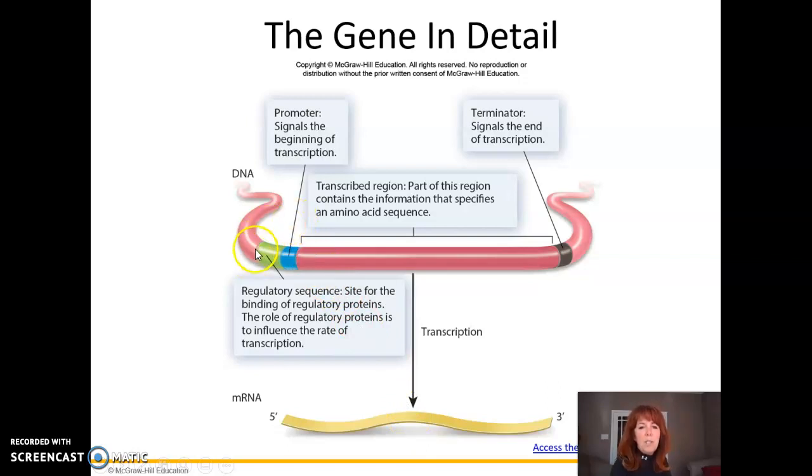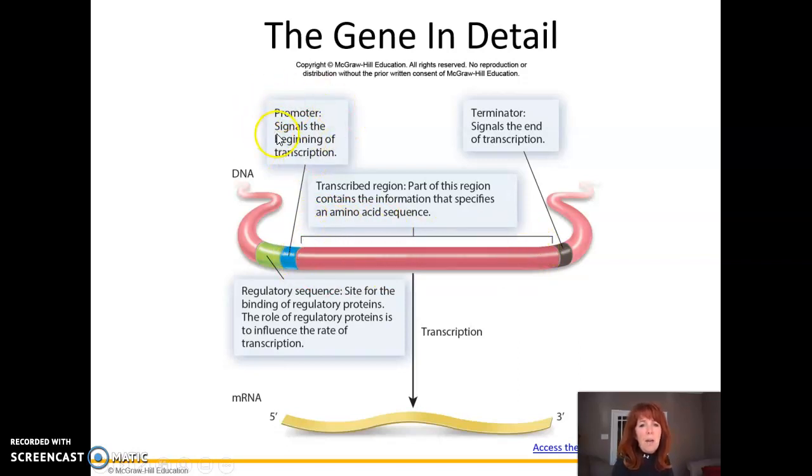So this region right here is what we call a regulatory sequence. It might be later referred to as a switch, where transcription factors sit. And then we have something called a promoter. The promoter is this flag, the red flag that says, this is where I want you to sit down and begin transcribing. And so this is called the transcribed region.